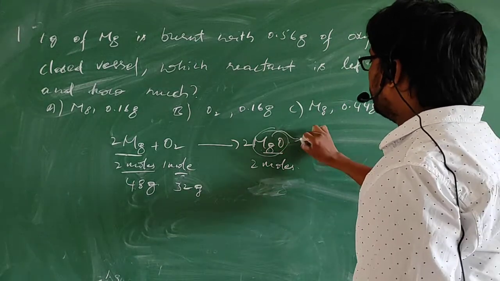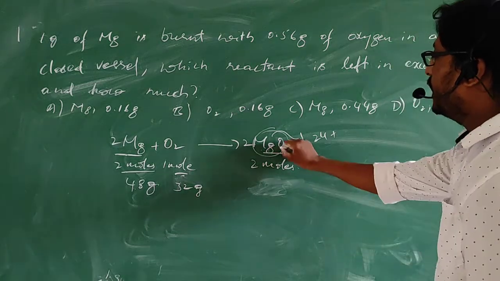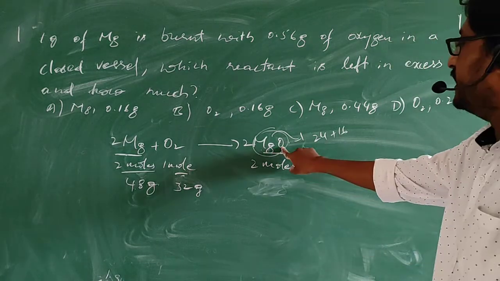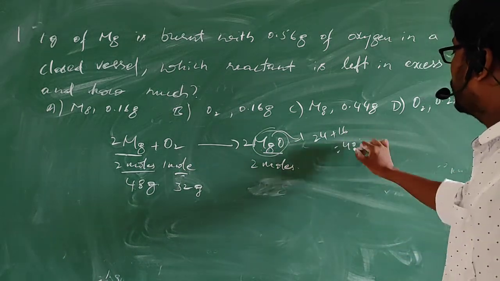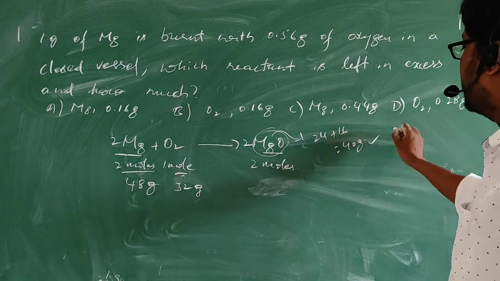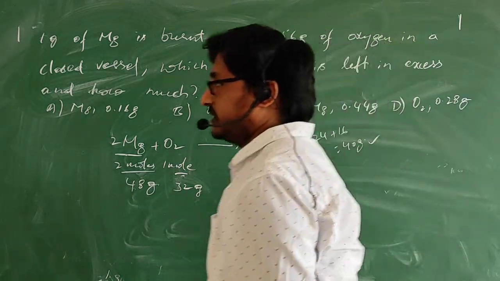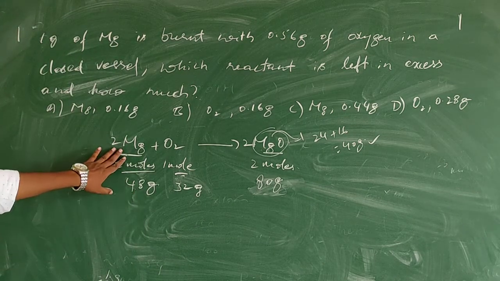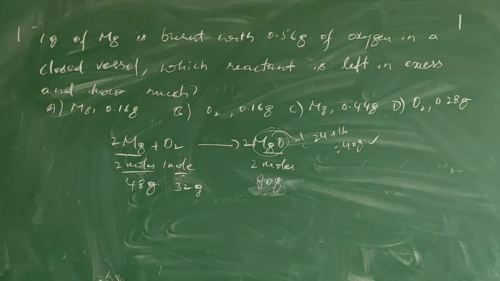Magnesium, it is nothing but 24. Atomic mass of magnesium is 24. Atomic mass of oxygen is 16 only. Atomic number is 8, atomic mass is 16, which is nothing but it will be 40. So molar mass of magnesium oxide is 40. 2 moles means it will be 80 grams. Okay. So when 48 grams of magnesium reacts with 32 grams of oxygen, it forms 80 grams of magnesium oxide.